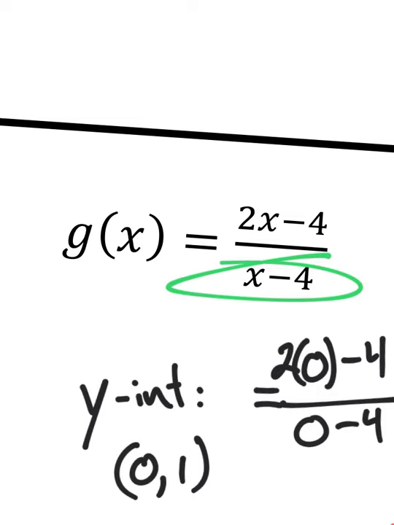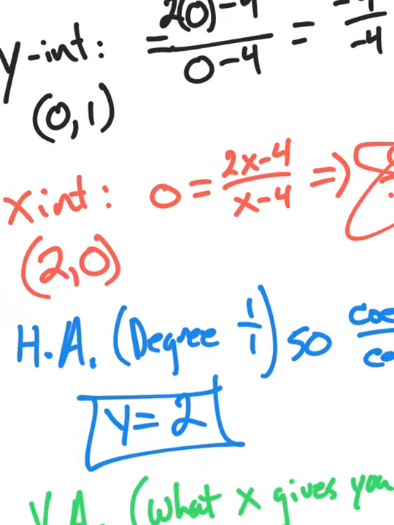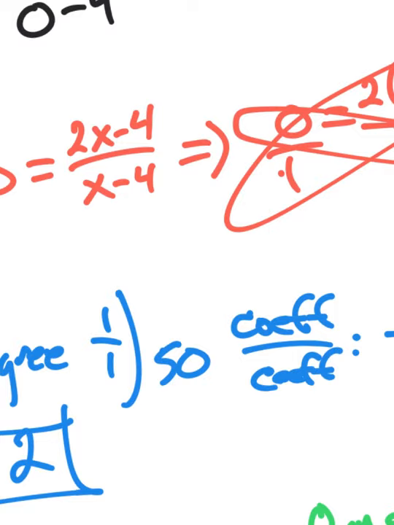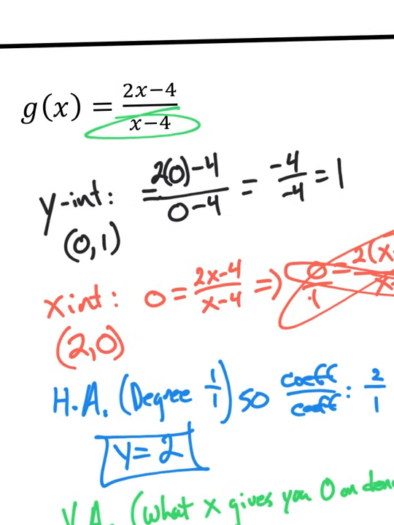So I can write in there real quick, it is a 1 for both the top and the bottom, which means if they're both the same degree of 1, we're going to do the coefficient divided by the coefficient. Coefficient of the top is 2. Coefficient of the bottom is a 1. So 2 divided by 1 is a 2, which means my horizontal asymptote is 2.